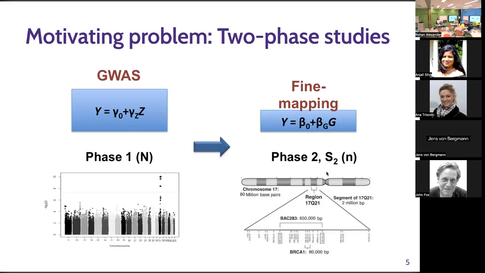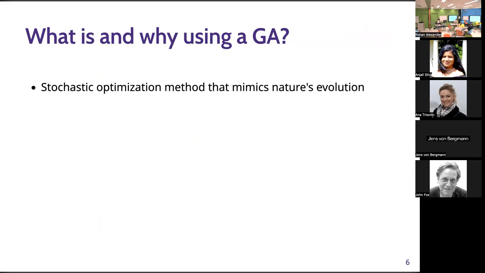Some of you may or may not have heard of genetic algorithms before. What it is, essentially, is a stochastic optimization method that relies on nature's evolution, the idea of survival of the fittest, using genetic information. I'll talk about what I mean by genetic information in this particular case.